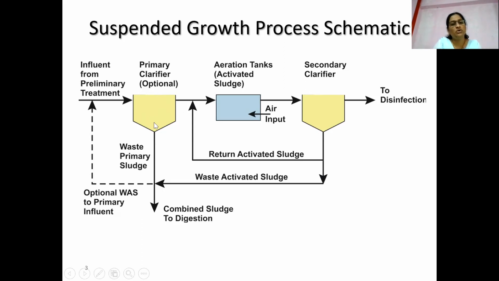For their removal, as I told you at the start of this chapter, we can take the help of bacteria, which are actually our enemy, to remove the dissolved and organic impurities which are in a very fine particle form. These can be removed with the help of microorganisms. That's why we need to add one process, and that process is known as the activated sludge process.